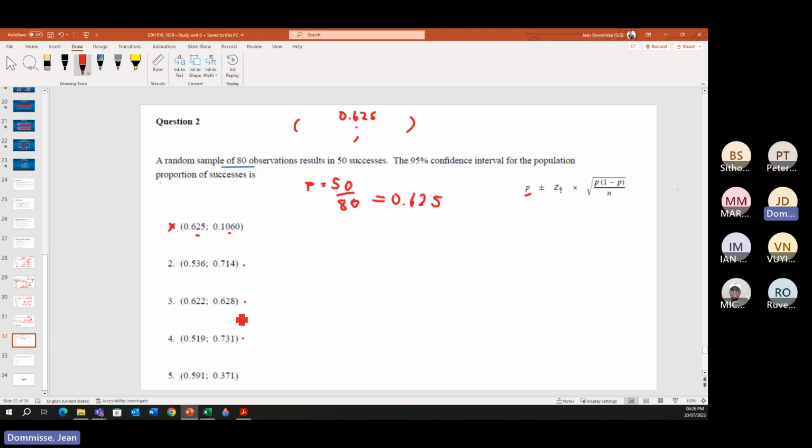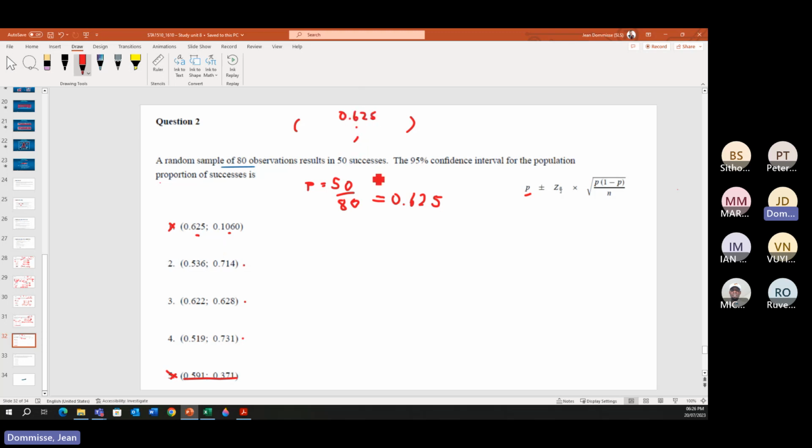Higher, lower, can be that one. Lower, but also lower, so not that one.